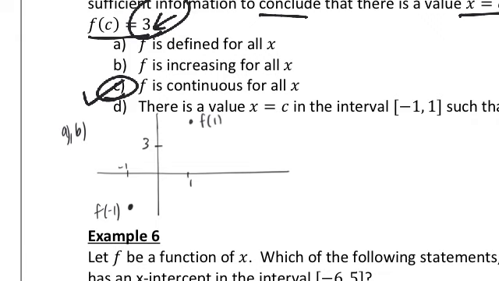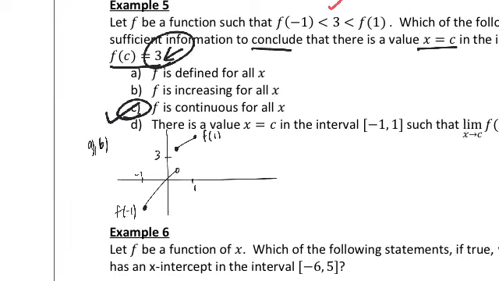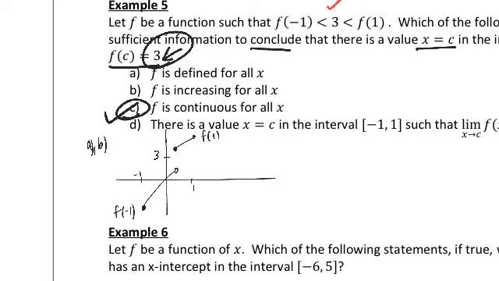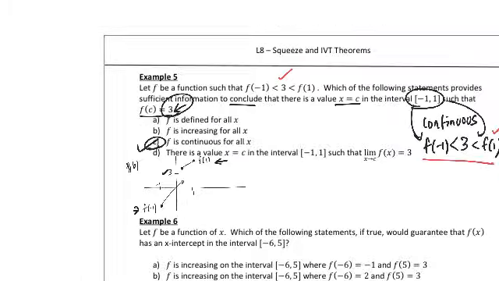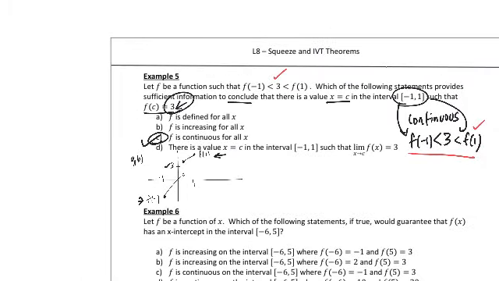actually, let me change that a little bit. If the function did something like this, right, then it meets all what the question said. It meets the fact that 3 is in between f of -1 and f of 1. It also meets the fact that we're on the closed interval -1 to 1.